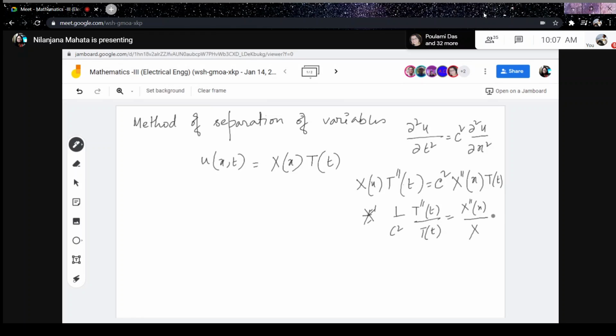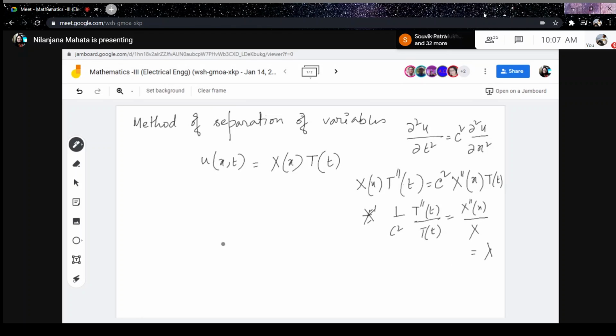Since one side is only in terms of t and the other is only in terms of x, they can be equal only if they are equal to some constant, say lambda.